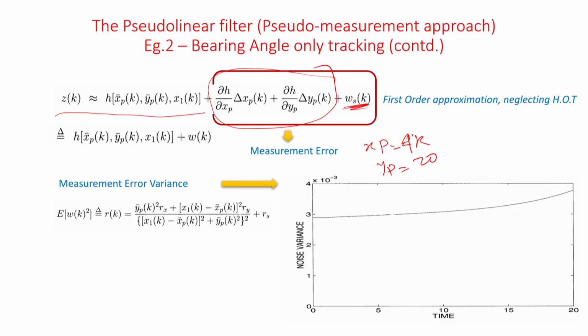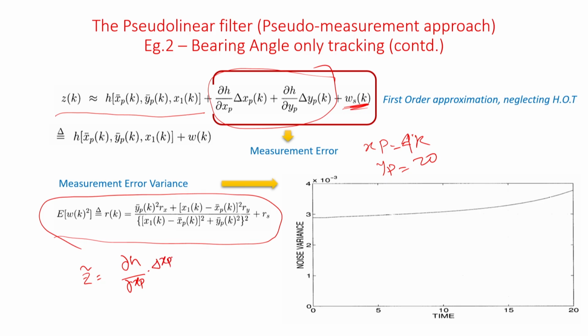With this, if I calculate the measurement error variance, I get an expression like this. It is easy to calculate. So your measurement error, say z tilde, will be del h by del xp into delta xp, plus del h by del yp into delta yp, plus Ws, and the expectation value is 0.